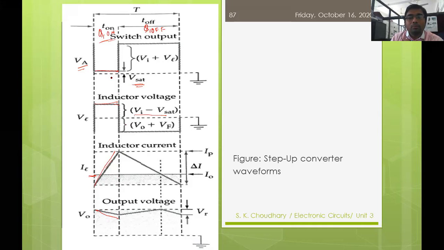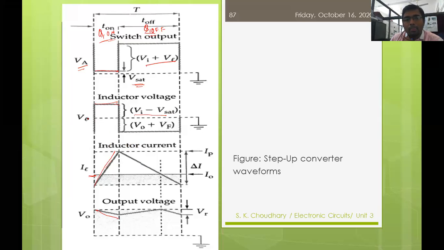Now come to the second condition, when Q1 is off, or the controlling switch is off. At that moment, what happens? Your voltage across the switch VA would be increased from VSAT to VI plus VL. We have already seen this in the equation also. That is shown here, the positive voltage across this particular switch.